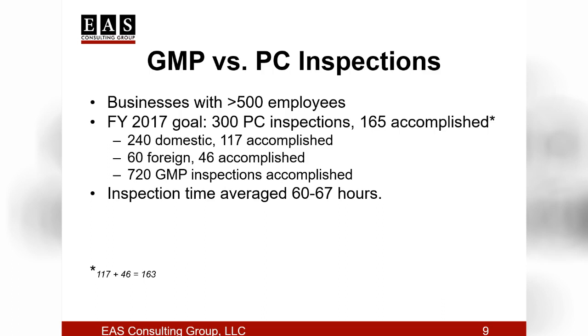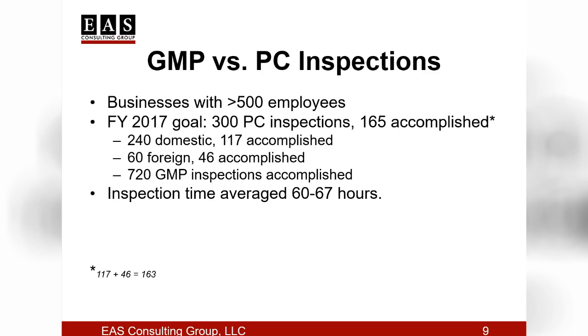So in 2016, under FSMA, the largest businesses were under compliance, that is having 500 or more employees. FDA had a fiscal year 2017 goal of 300 preventive control inspections, of which either 165 or 163 were accomplished. My notes were not clear.